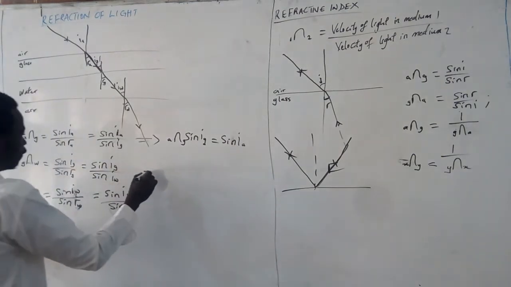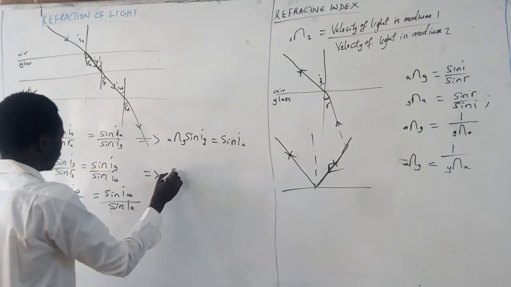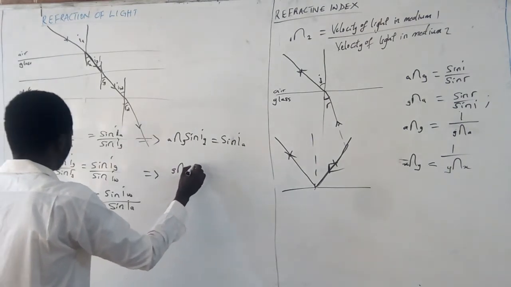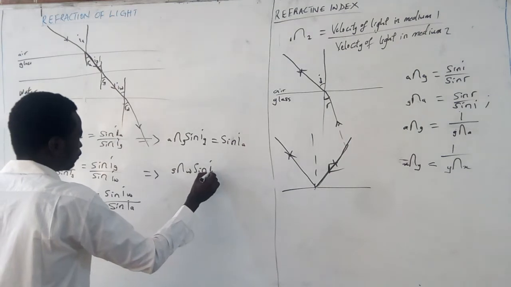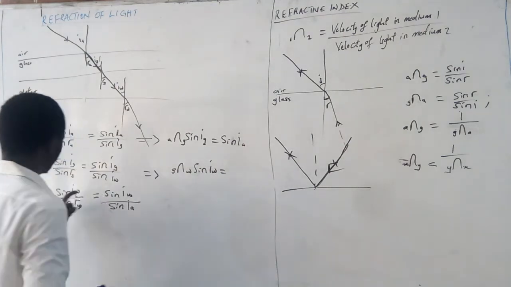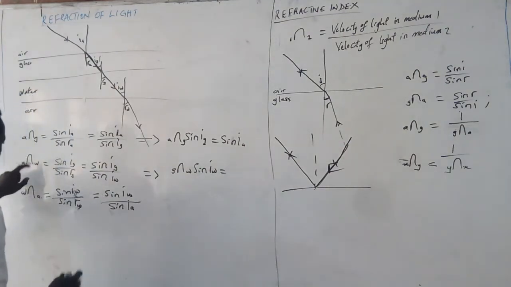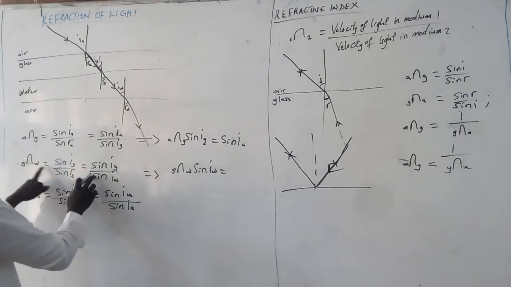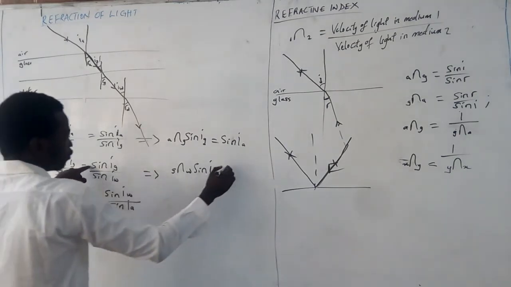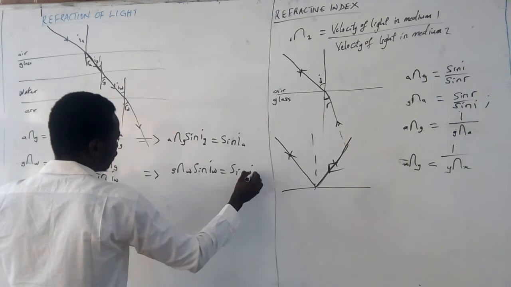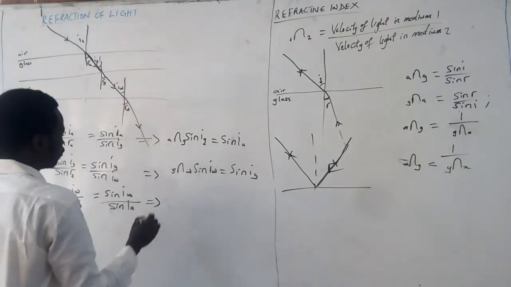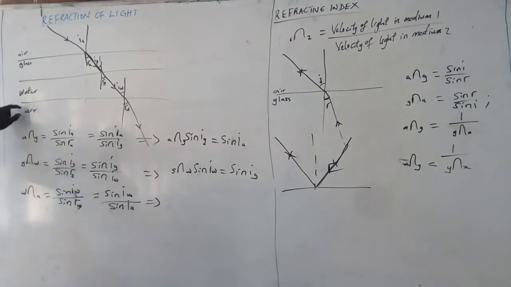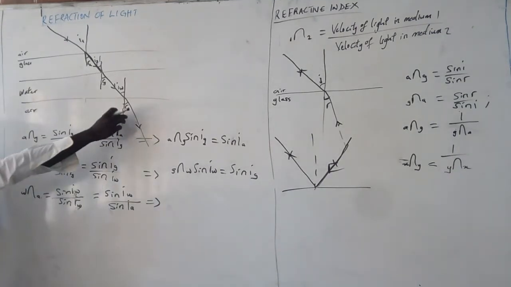Then from this line also, from glass to water, sine of incidence of water is equal to, I'm just cross multiplying, sine of incidence of glass. Now we can also take the reverse of this.